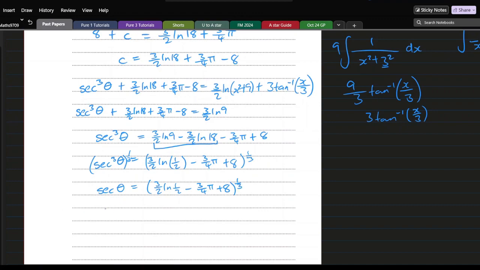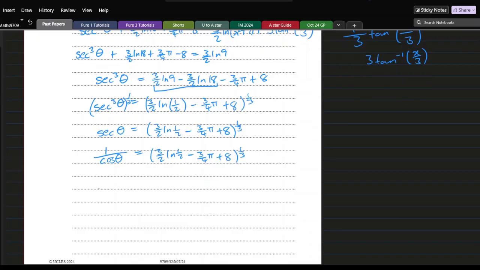Now we can change sec theta to 1 over cos theta, because what we really want is cos theta. And so cos theta is equal to 1 over, 3 over 2 ln half minus 3 over 4 pi plus 8, to the power 1 over 3.